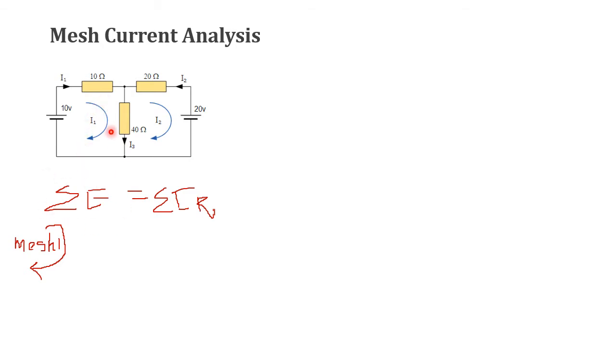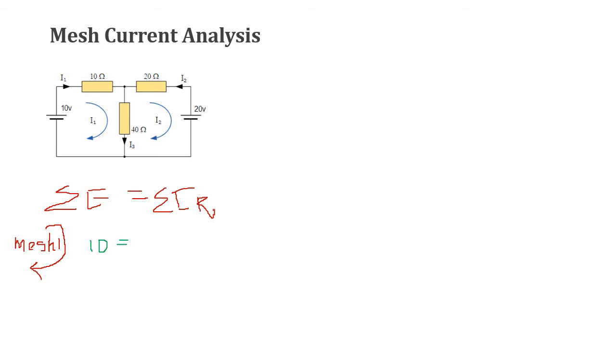There is only one voltage source, which is the 10 volt source. Therefore we write 10 volts, and there are no other voltage sources. So 10 volts equals, then we need to consider the current and resistors.